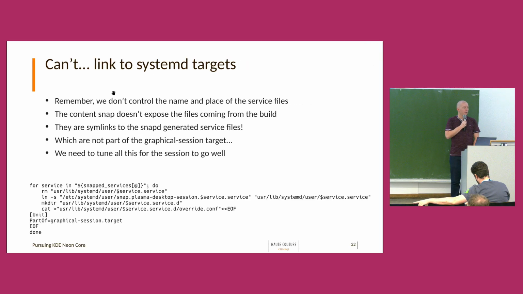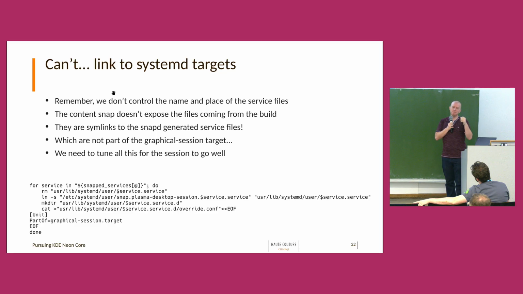Now it goes a bit further because, as I mentioned last year, but that was less of a problem because of the packages we were providing enough information. But we don't quite control the systemd services because they are generated by snapd, okay? So the content, the names, we control inside of our content snap.